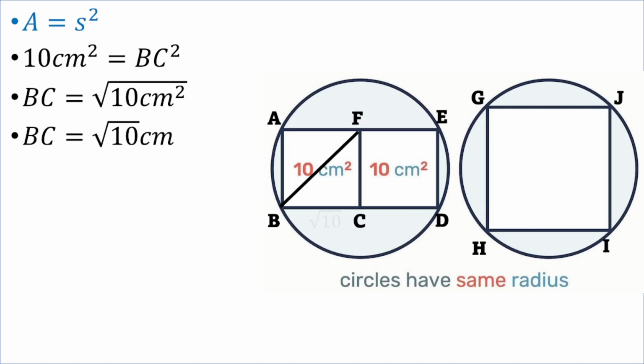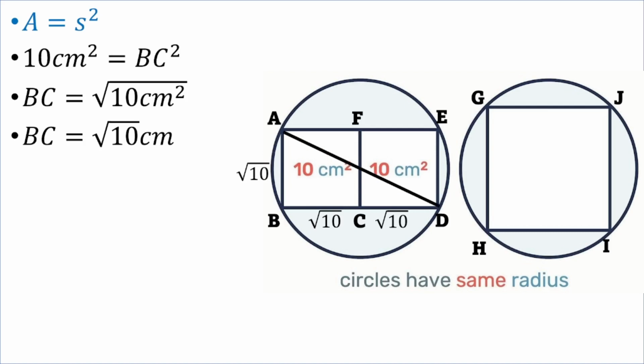Now, because those are squares, if BC is root 10 centimeters, then CD is also root 10 centimeters, as well as AB. Now, we want to find the radius of the circle, so that would be the length AD.